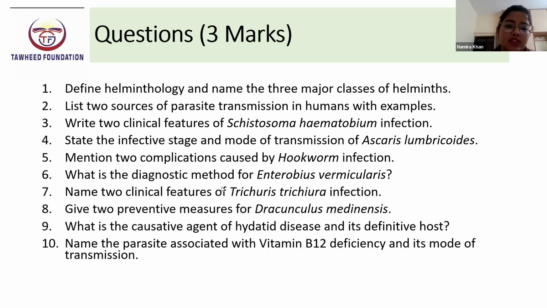Sixth, what is the diagnostic method for Enterobius vermicularis? Seventh, name two clinical features of Trichuris infection. Eighth, give two preventive measures for Dracunculus medinensis. Ninth, what is the causative agent of hydatid disease and its definitive host? Last, name the parasite associated with vitamin B12 deficiency and its mode of transmission.